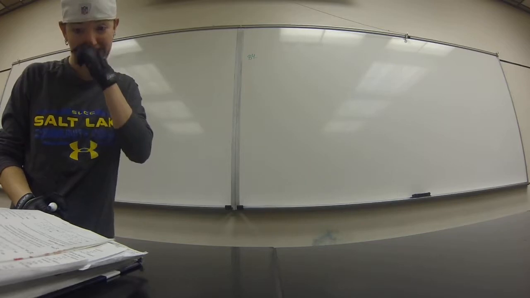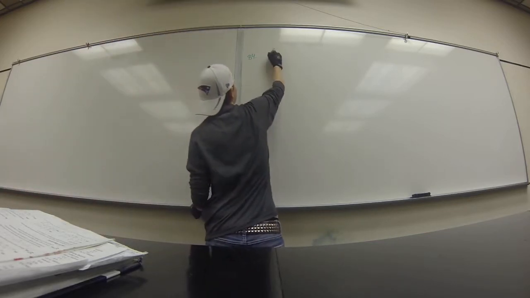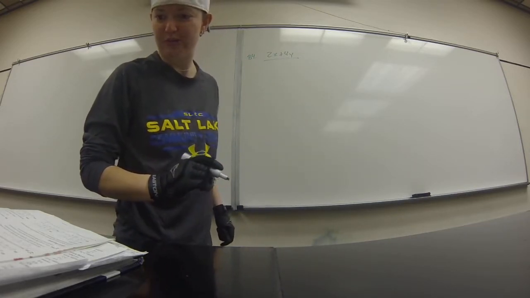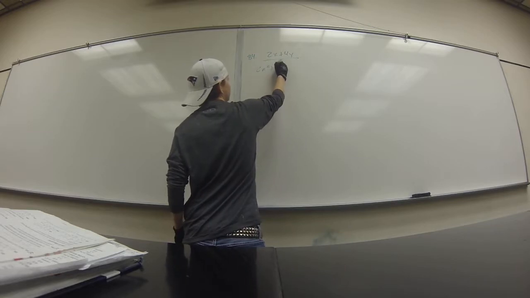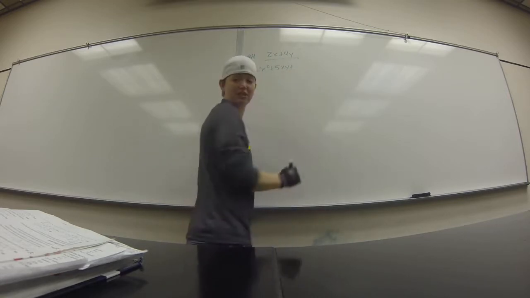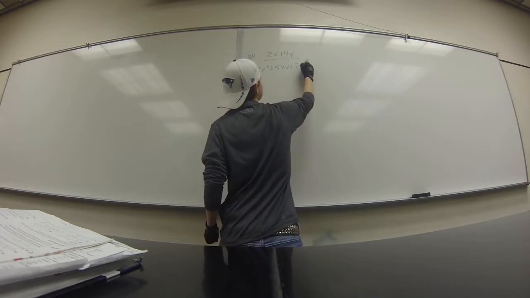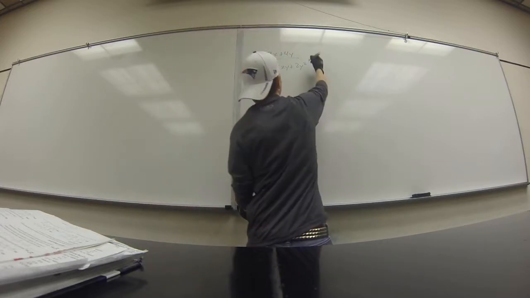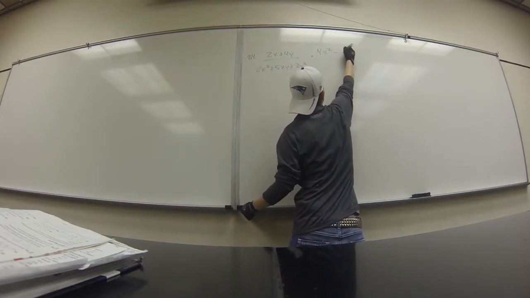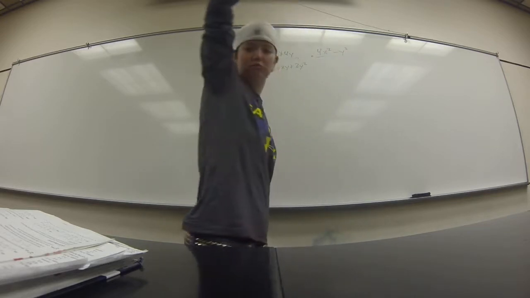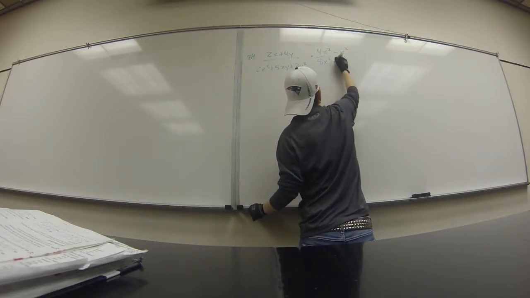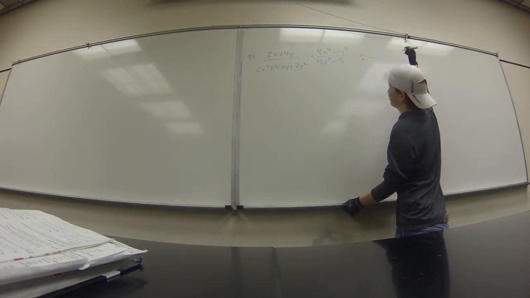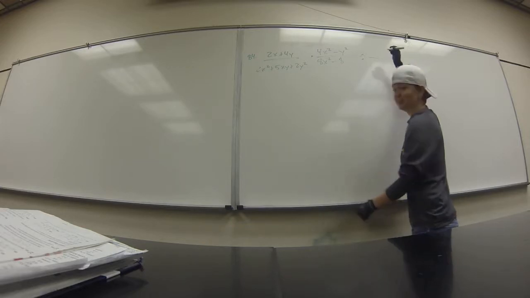You can't read mine. Alright, 84 says 2x plus 4y over 2x squared plus 5xy plus 2y squared, something multiplied by 4x squared minus y squared over 8x squared minus 8, divided by... what are we divided by?